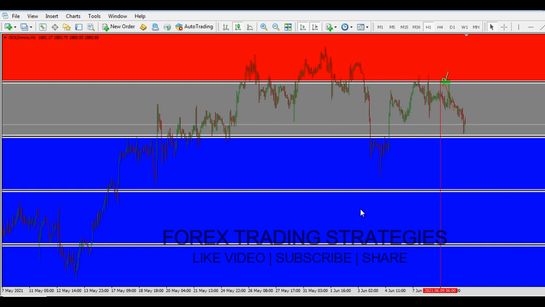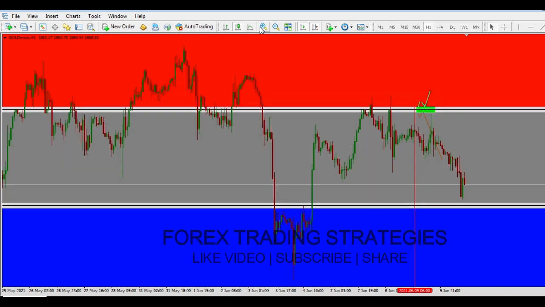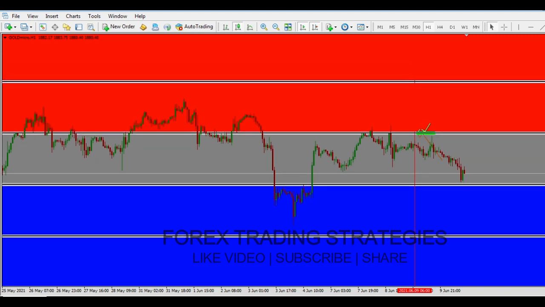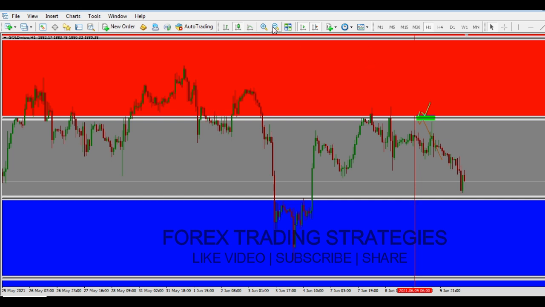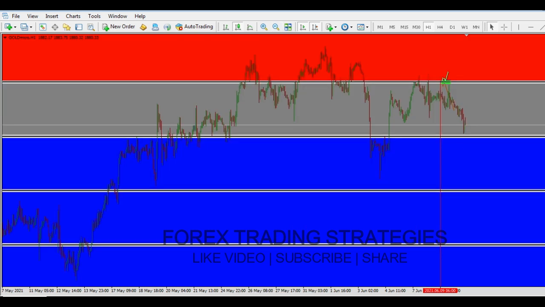So if you are a visual person who loves to use visual cues when you are trading, when you are in the market, this is a good tool. Some will say it's an indicator. Yes, it's an indicator, but I prefer the word tool.